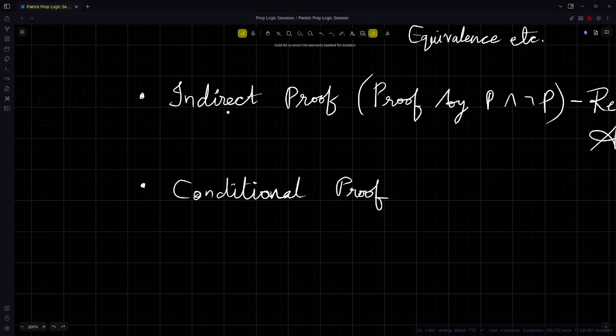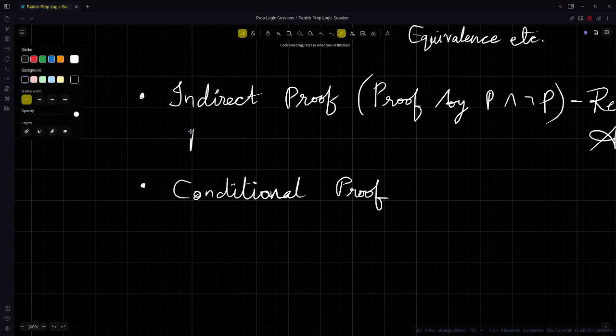So let's say I want to prove P. I'll actually start with not P, and then using not P, I will see where that takes me, and maybe at some point it will lead me to Q and not Q, which is a contradiction.